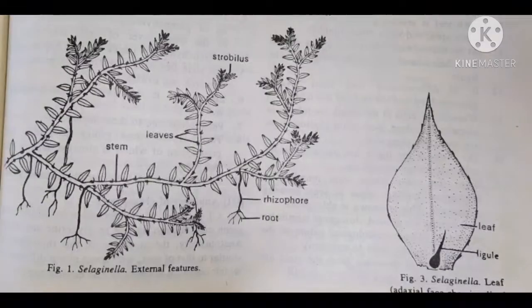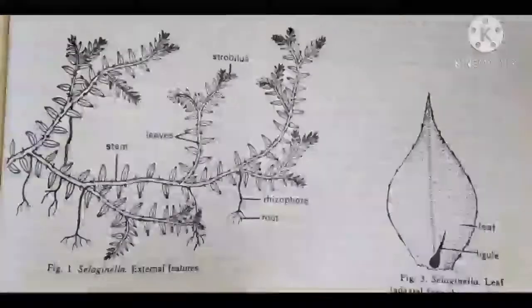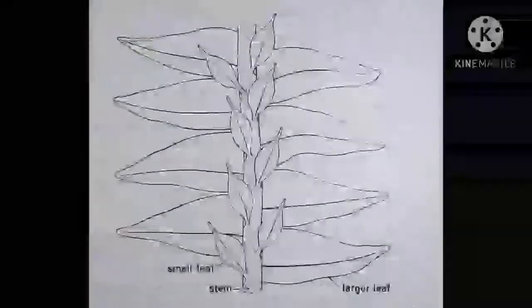On the basis of the stem and form of the leaves on the stem, Selaginella may be categorized as homophyllous and heterophyllous. In homophyllous species the stem is upright and all the leaves present on the stem are similar, whereas in heterophyllous species, the stem is prostrate, dorsiventral, and leaves are dimorphic, meaning two different types of leaves are present on the stem.